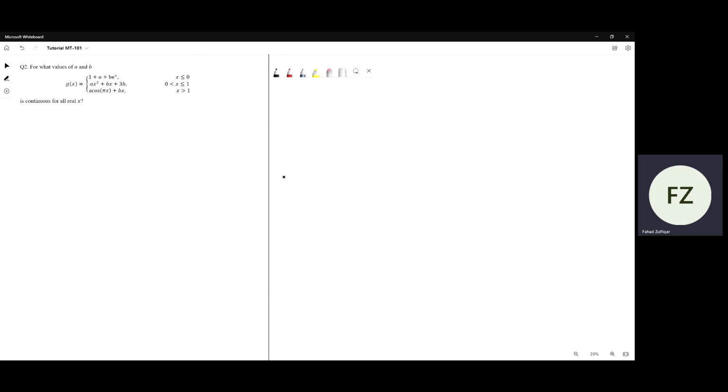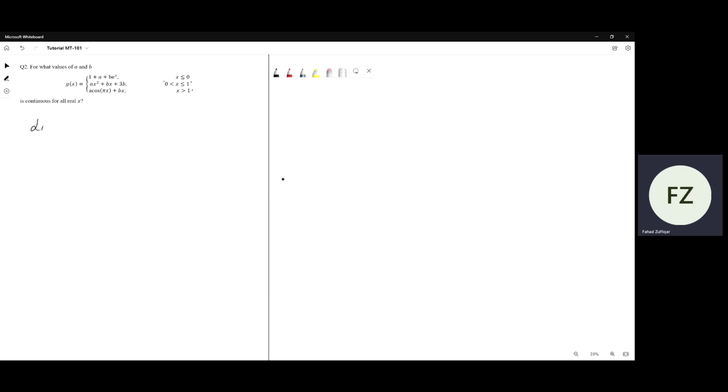Question number 2 is that we've been given a piecewise defined function, and we have to find the values of a and b for which this function is continuous for all real numbers. One way of approaching that is to make sure that at the endpoints of the intervals, 0 and 1, the left-hand limit and the right-hand limit are equal to each other.